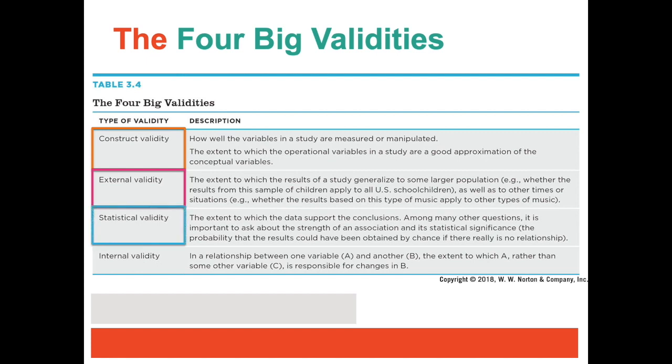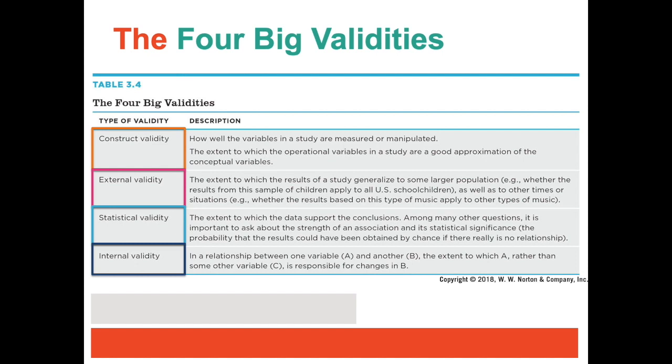Statistical validity, this one is going to be tougher for you at this point unless you've taken a lot of stats courses. In general, statistical validity is just how well the statistical analyses and the data support the conclusions. Did they do the right statistics to answer their question? And are they interpreting the statistics correctly? Internal validity is really looking at the inside of the study, especially in experiments.